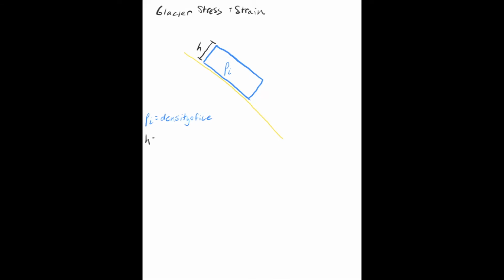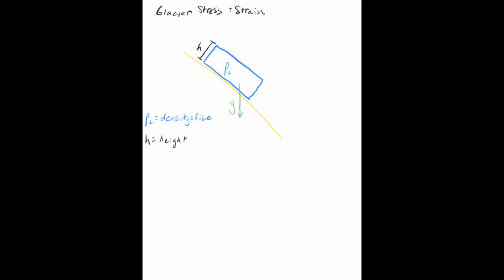So h is the height of our ice body. And then we also know, of course, we are on Earth, so there is going to be the force of gravity, which will be going downwards.